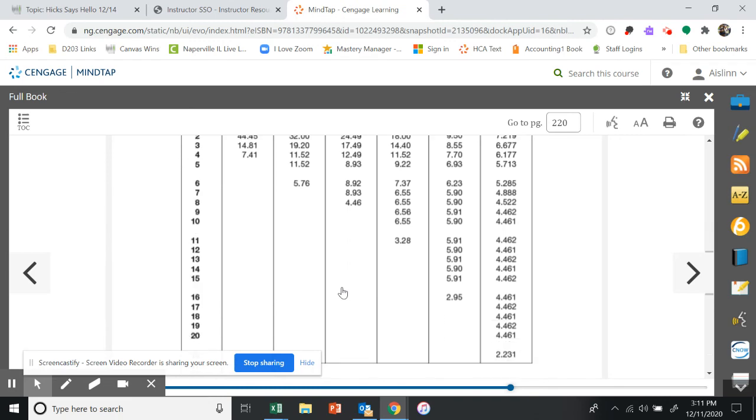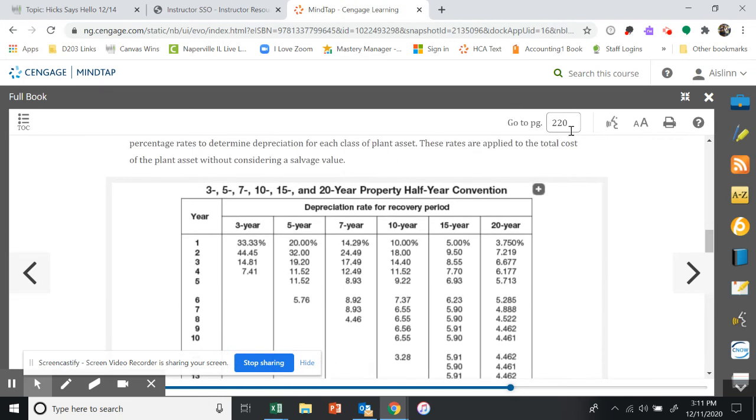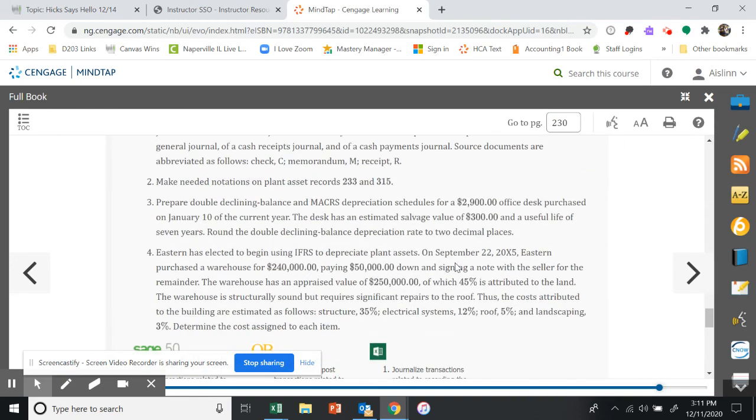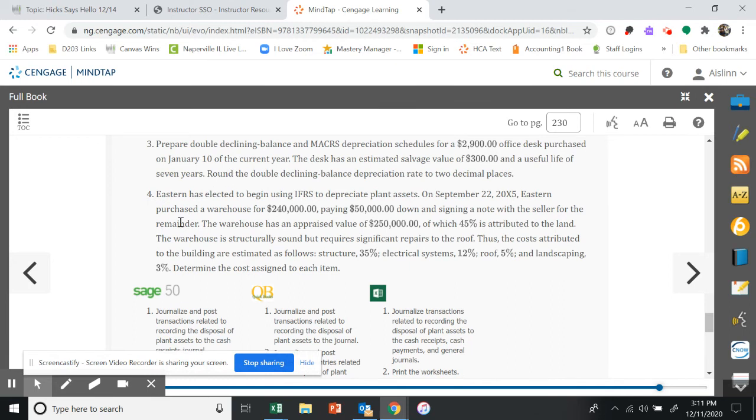And then finally, back to page 230. Finally, there's this. That's a lot of words, but it's really easy.